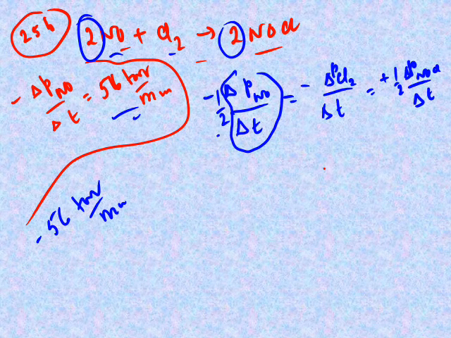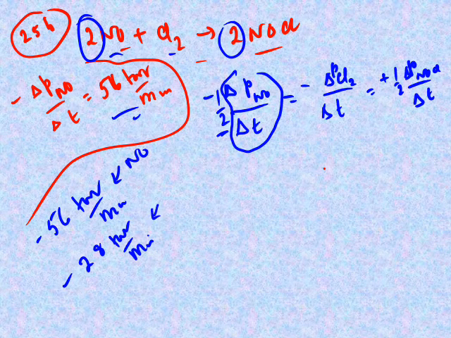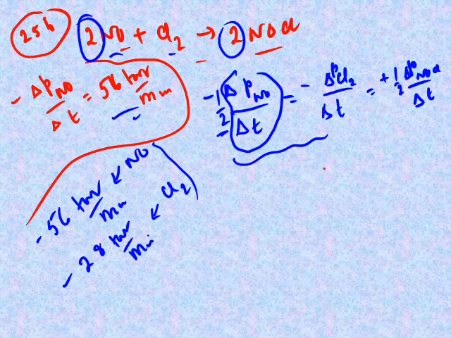So that value would be 1/2 of this number, so minus 28 torr per minute. This number is due to NO, and the second number is due to Cl2, because Cl2 is dissipating at half the speed of NO. So that's why it's half of that value. You can also understand it from this expression.